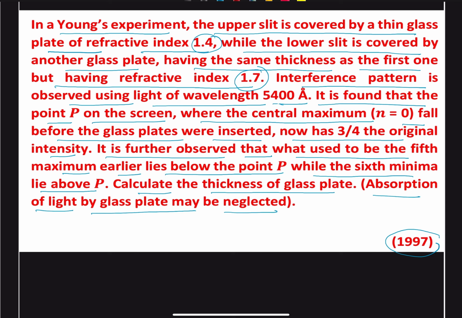So in this case, it was found that at point P on the screen, after this insertion is made and the slits are covered with refractive index 1.4 and 1.7, only 3/4 of the original intensity was observed at the central maxima, that is at point P. And there is also a switching of fifth and sixth minima above and below. So we have to find out the thickness of the plate.